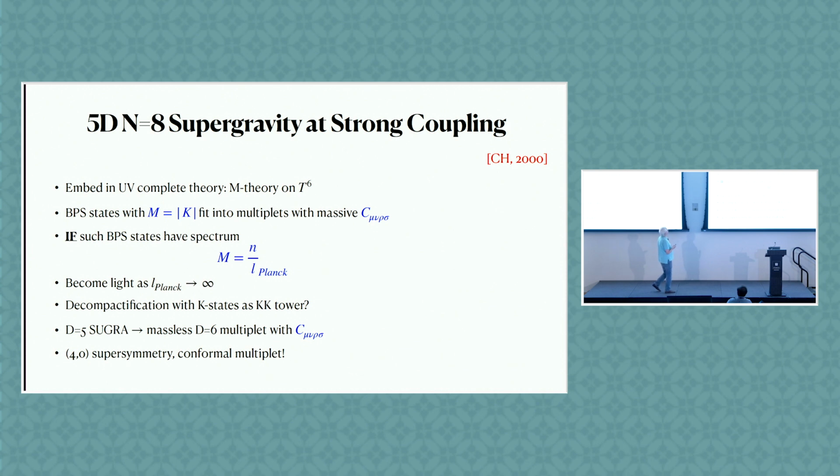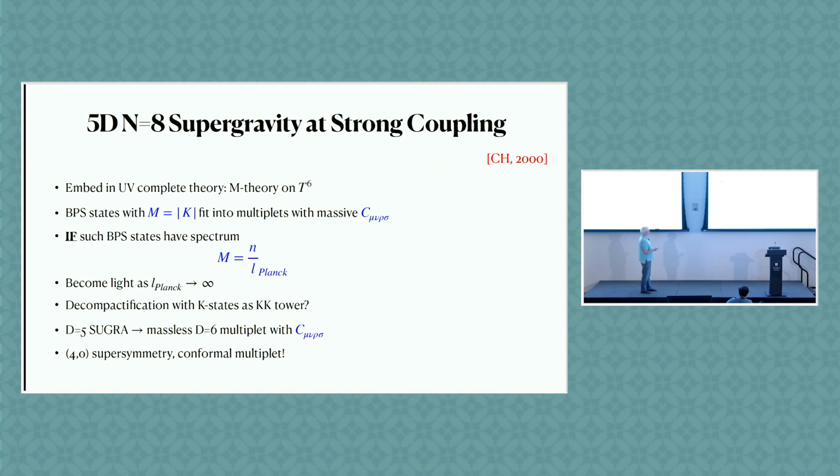If such states have a spectrum given by an integer divided by the 5-dimensional Planck scale, then these would become light as the 5-dimensional Planck scale tends to infinity.